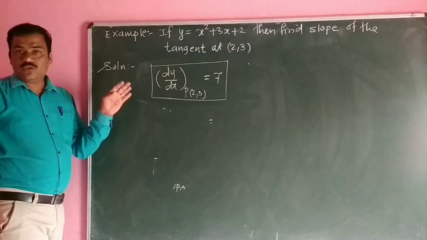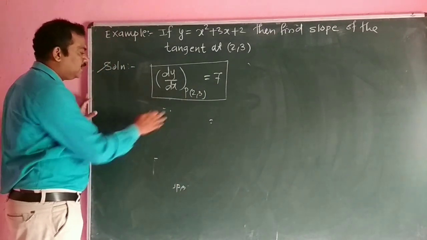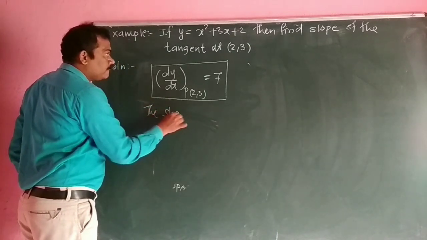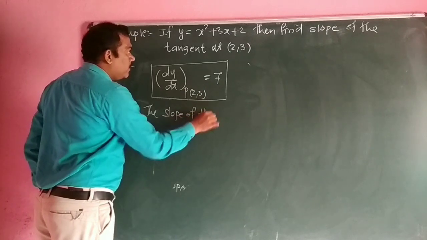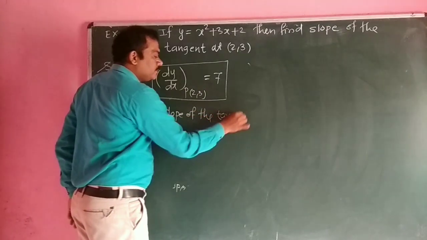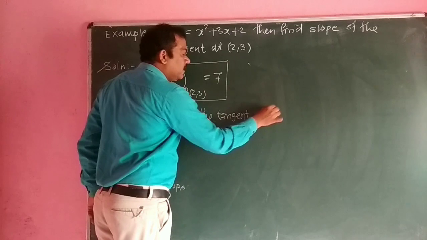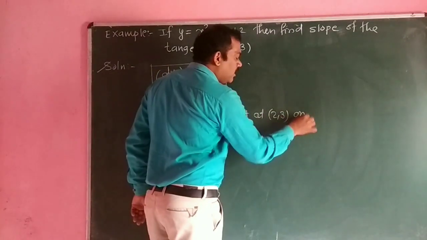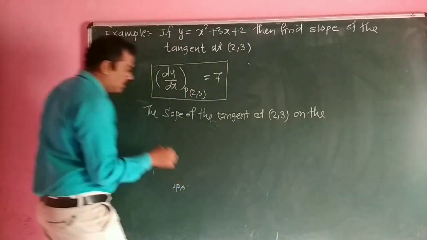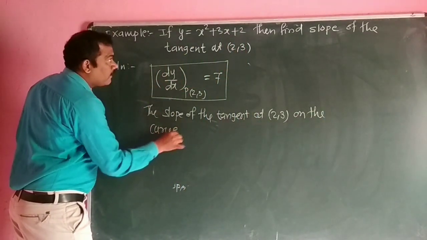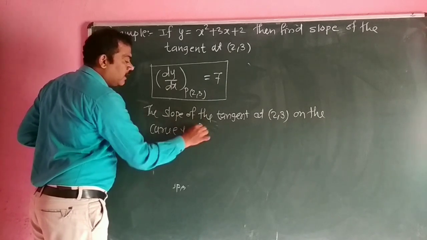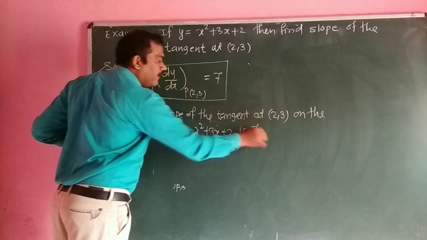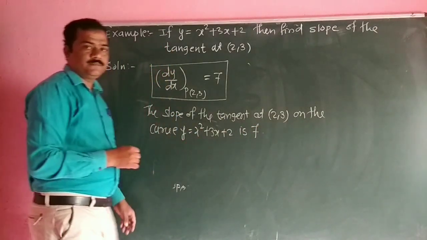That means that the slope of the tangent at the point (2, 3) on the curve y is equal to x square plus 3x plus 2 is nothing but 7. That's the meaning.